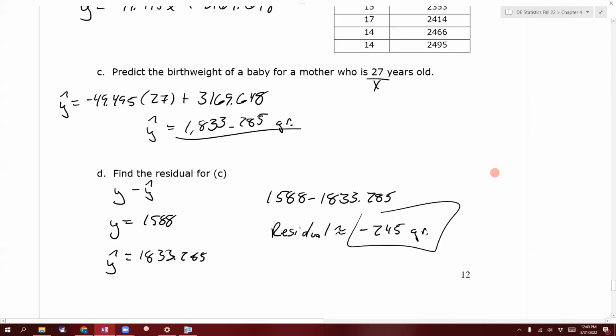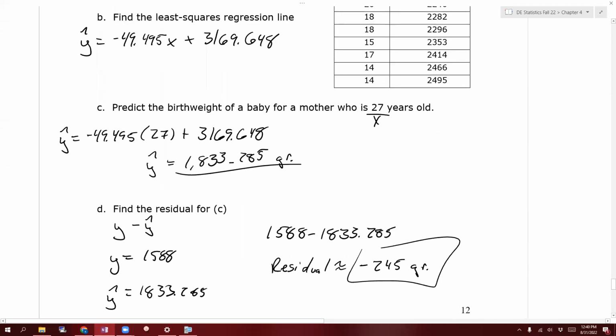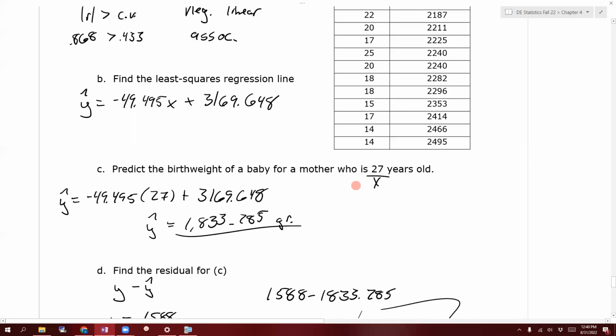So if we look at our slope here, which is negative 49.495, we can round it to negative 49 just for the ease of conversation. What that says is for every year the mother gets older, the baby's predicted birth weight will decrease by 49.5 grams.